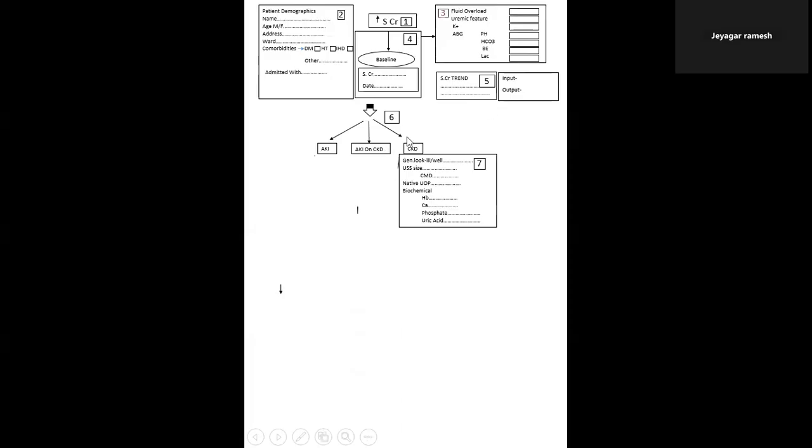Other thing is that we also look for whether there is any evidence of CKD. If it is there, it is more towards CKD. And if it is not, as a diagnosis of exclusion, it is going to be either AKI or AKI and CKD. Right? What are the things that we look for as evidence of CKD? First thing is the patient's general look, whether the patient is ill looking or well looking.